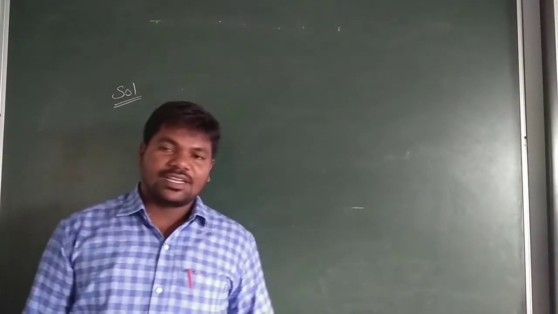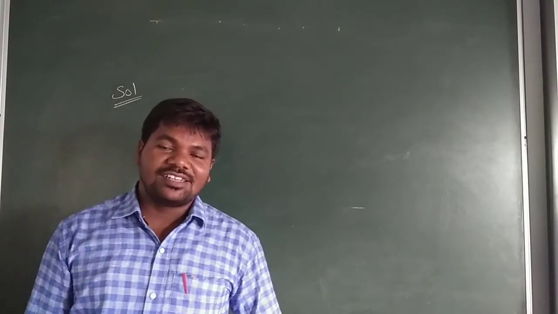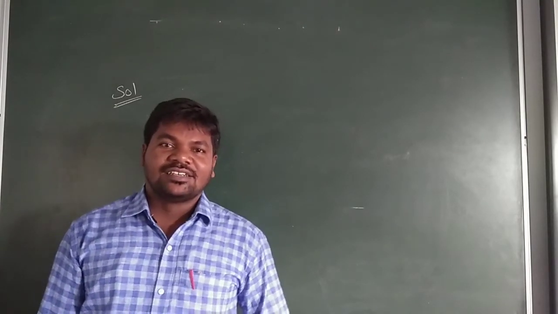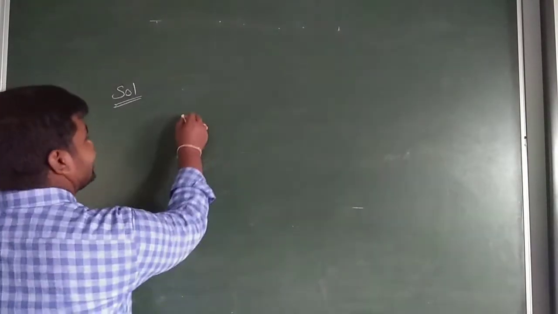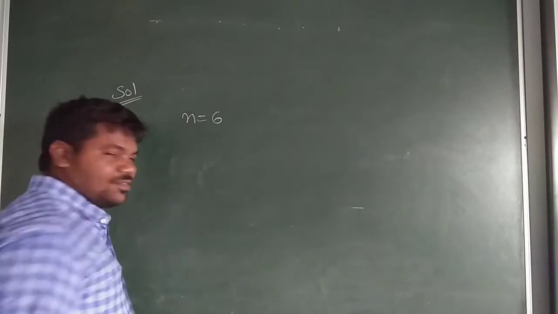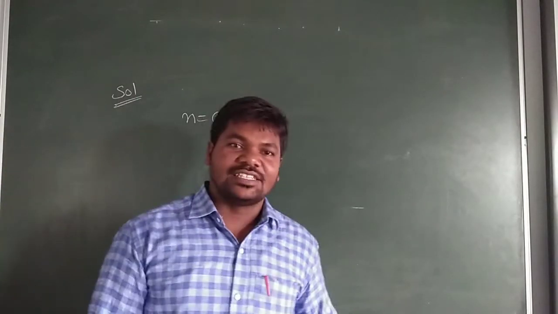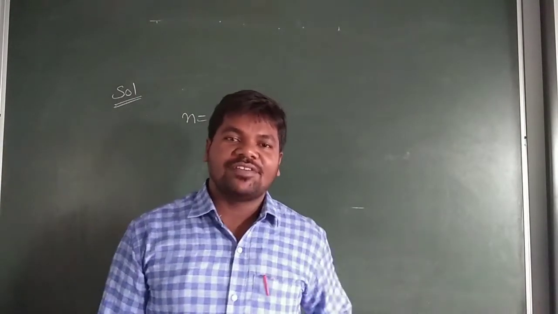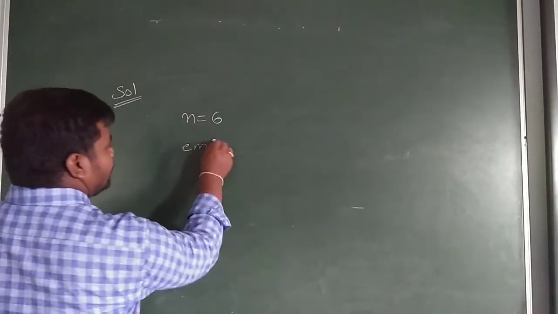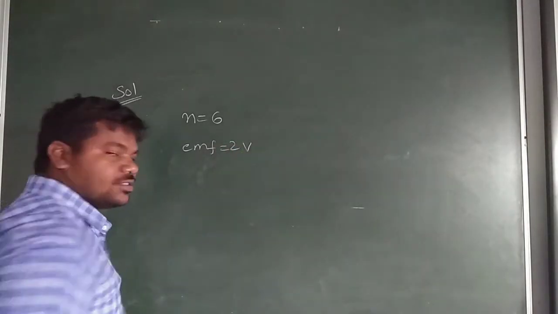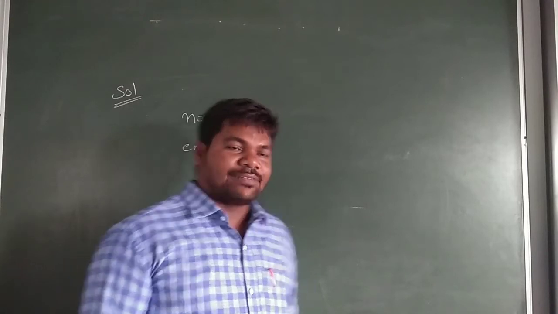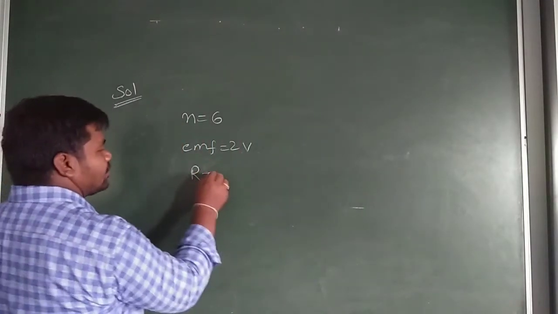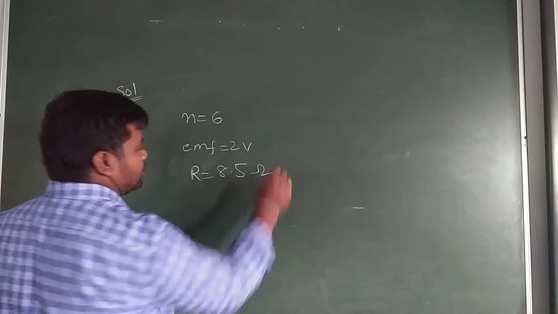Here the number of cells is N equal to 6, connected in series, each having EMF 2 volts, and the external resistance is R equal to 8.5 ohms.